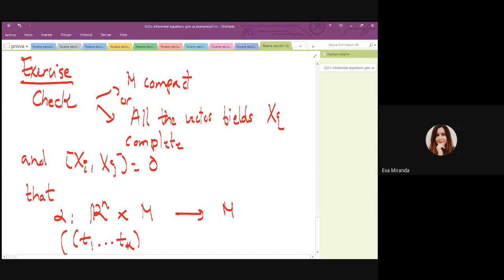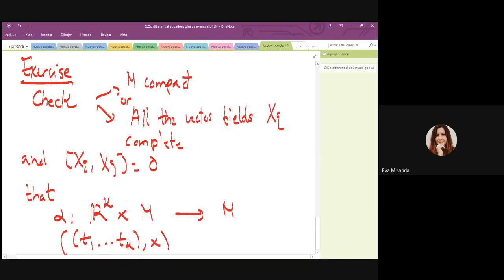Okay, now here I have, let me correct this. This is on R^k, okay? Where k is the number of vector fields we have that commute, okay?